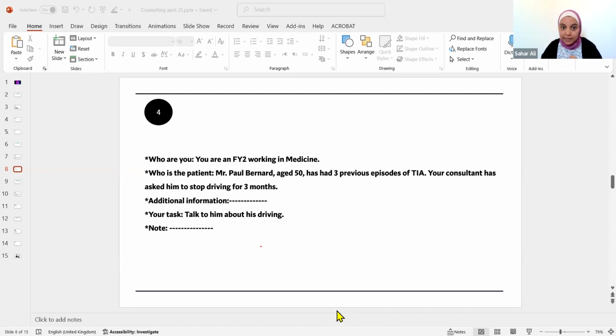Data gathering: as I mentioned, talking about the previous things is not needed. Asking about family history is also not relevant to this situation. Your main task is talking about driving.